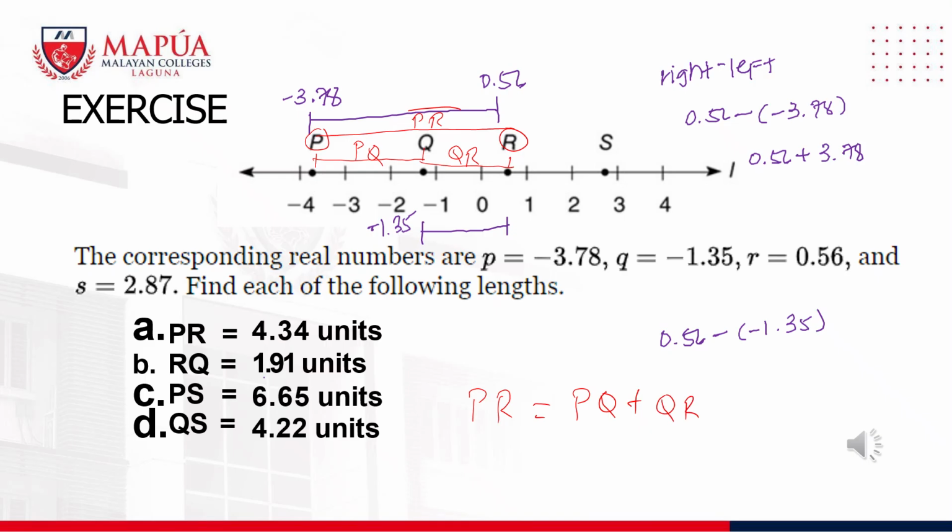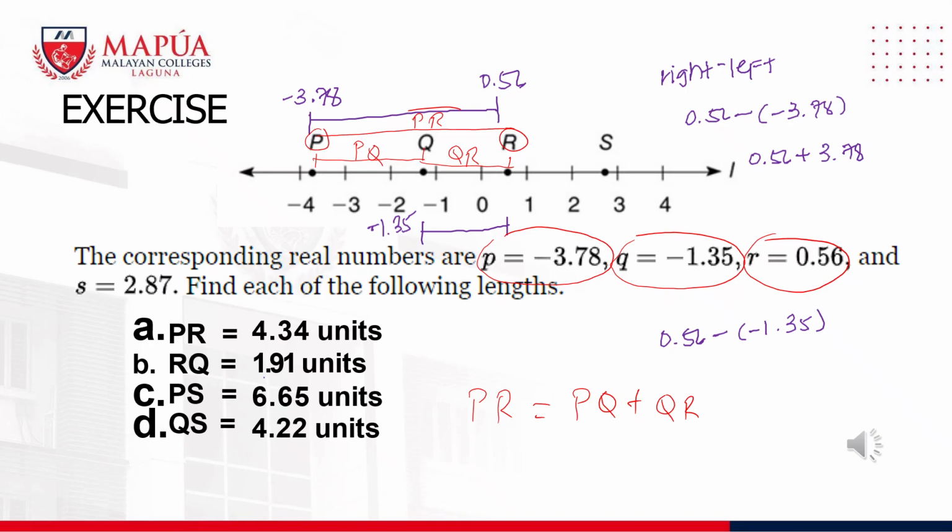So we're given the real numbers. The corresponding real numbers are P equal to negative 3.78, Q equal to this, then R equal to this one. You have to do it from left to right.